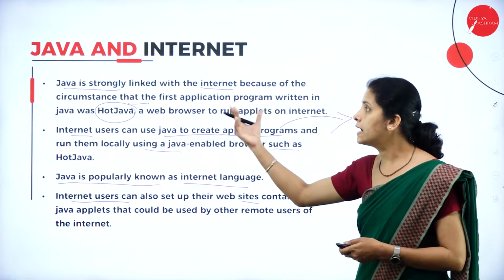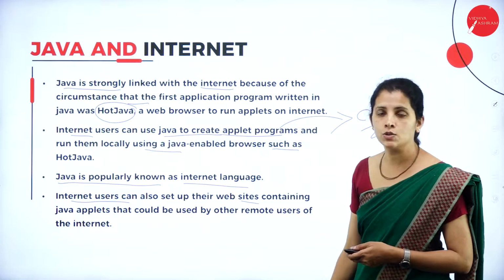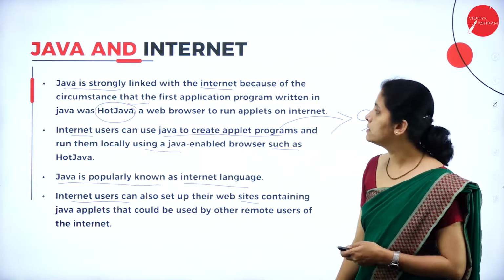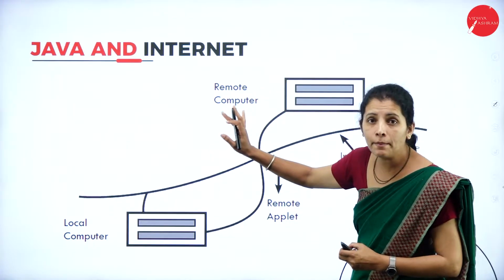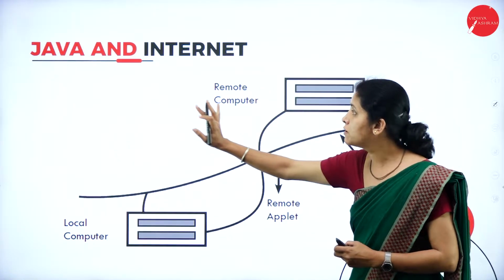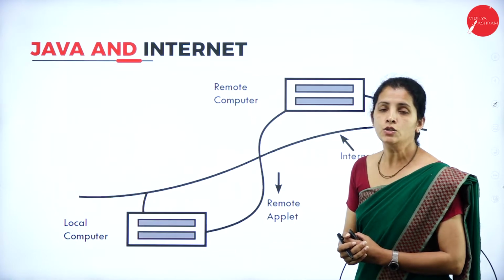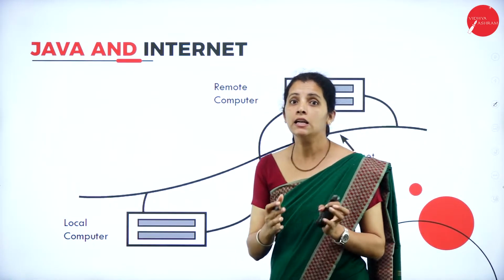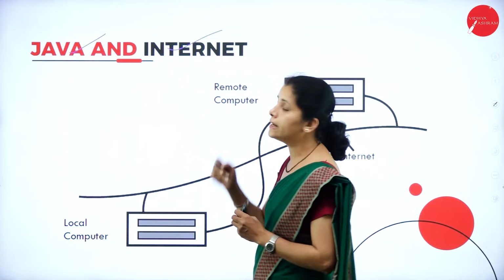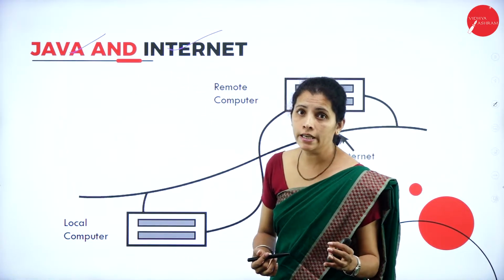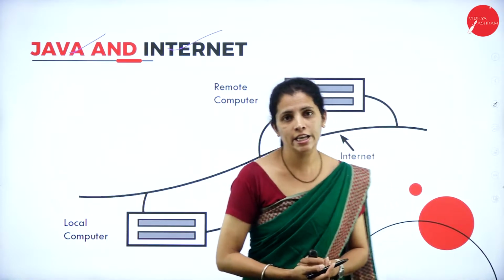So these are the connection between Java as well as internet. Now I'm going to have the diagrammatic representation of this topic. So dear student, as I discussed, Java and internet are interlinked or interconnected each other.